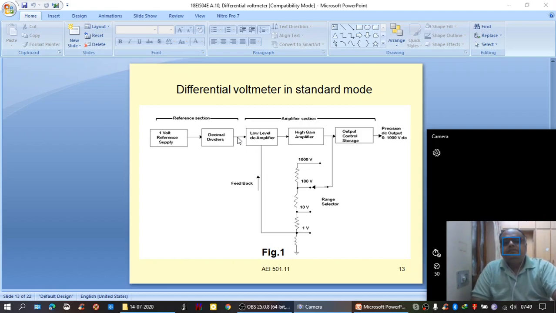Now, depending upon these two voltages, that is, the voltage from the decimal divider and the voltage from the range selector, the difference of these two signals is amplified here, right? The difference of these two voltages is amplified.